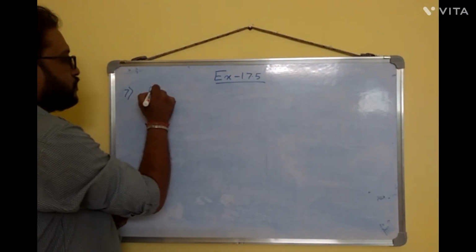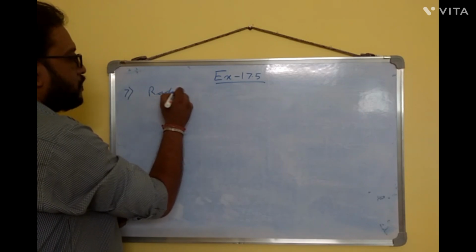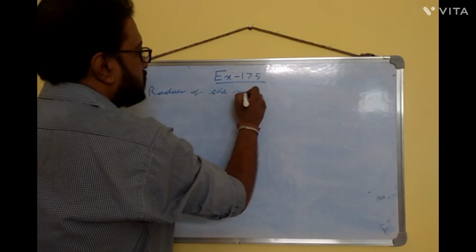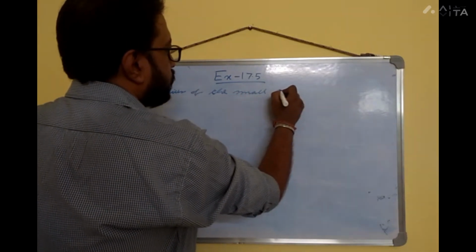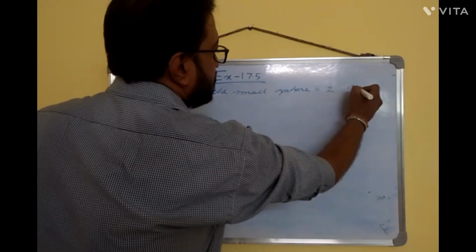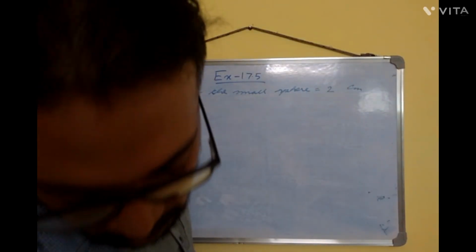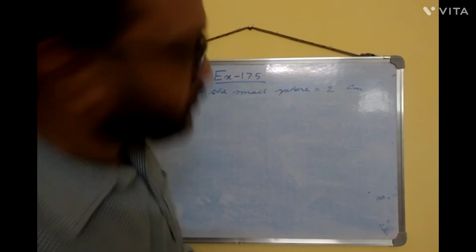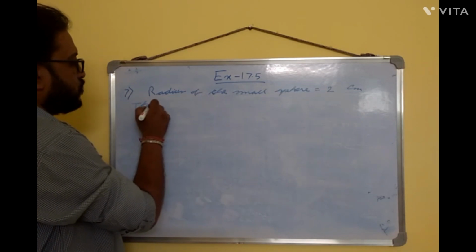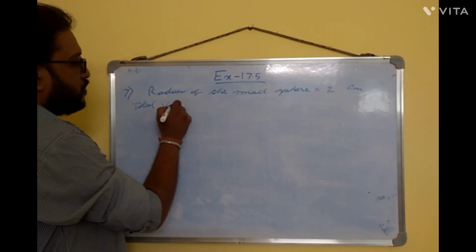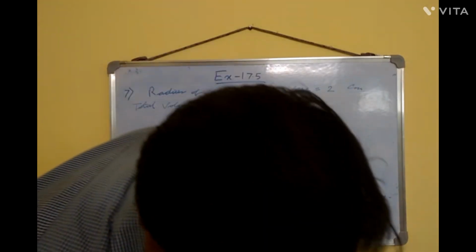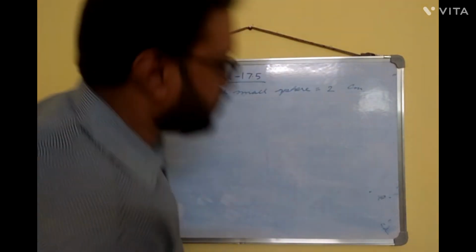So radius of the small sphere is equal to 2 centimeter. So total volume, I don't want to waste time. Total volume of how many? 8.